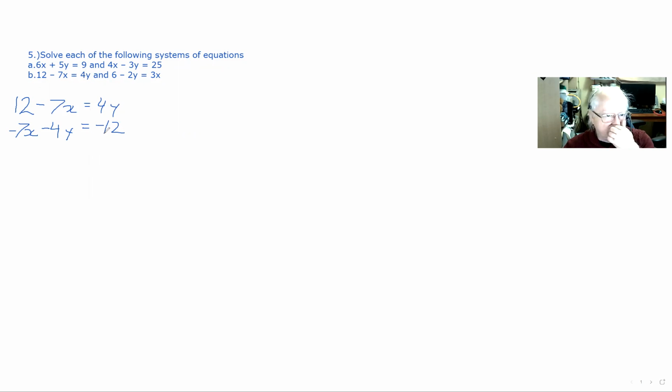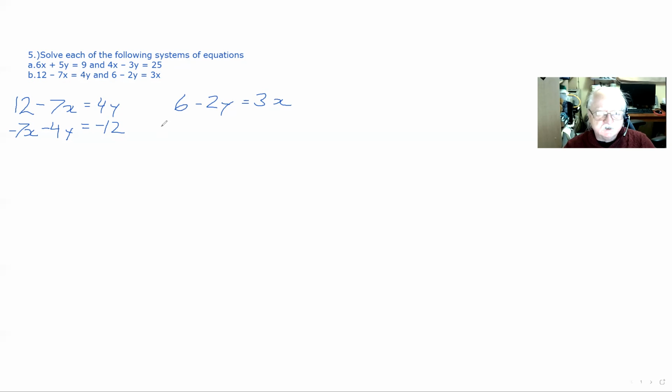So that's okay. And the next equation, 6 take away 2y equals 3x. In this case, we have a similar problem. The 2y's in the right place, but the 6 and the 3x aren't.